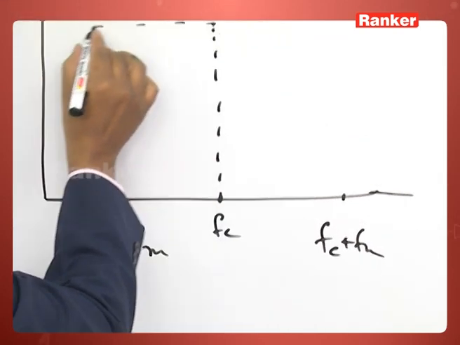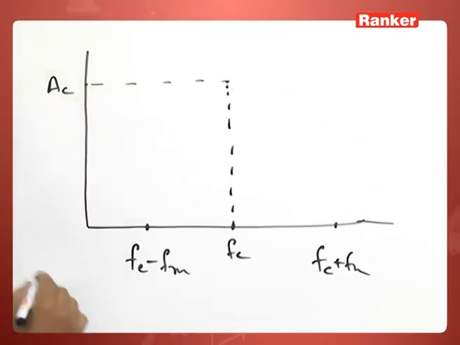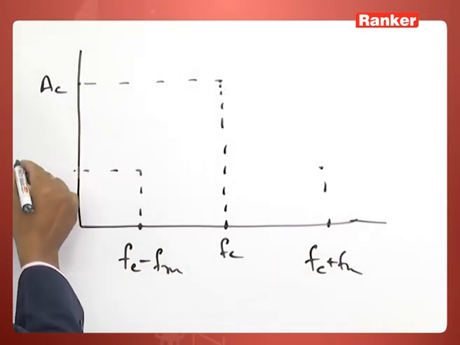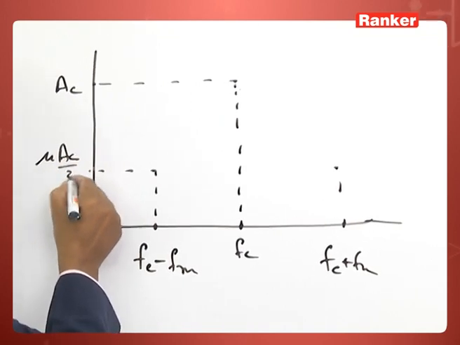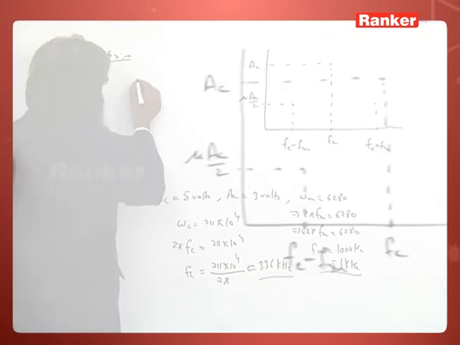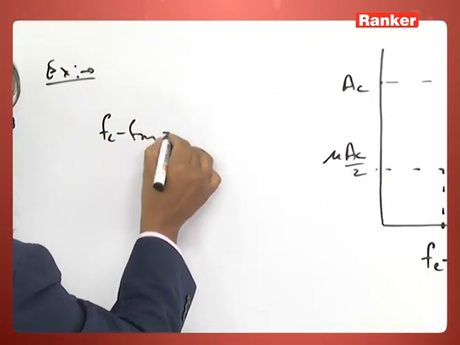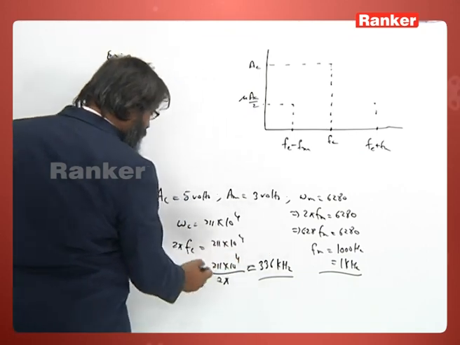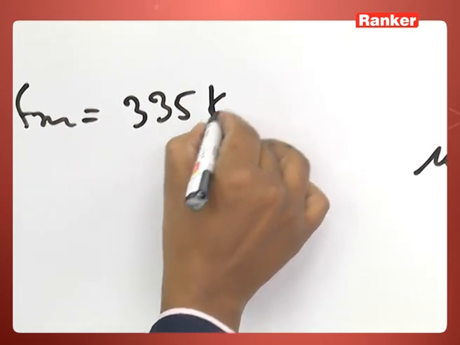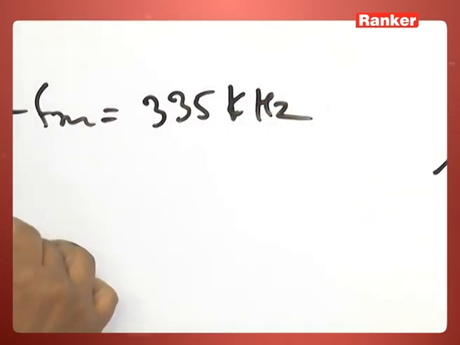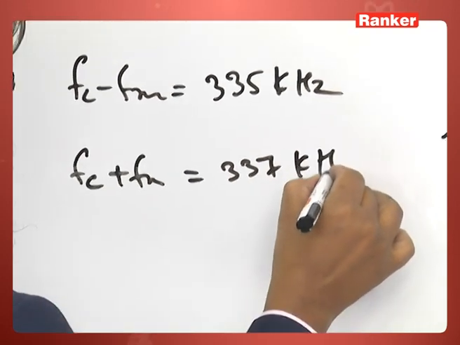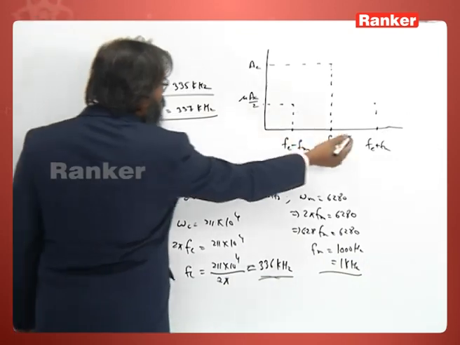The carrier will have amplitude AC, and these two side bands will have the same amplitude, equal to mu times AC by 2. Here the lower side band Fc minus Fm is 335 kilohertz, since Fc is 336, and Fc plus Fm becomes 337 kilohertz. So these are the side bands present.